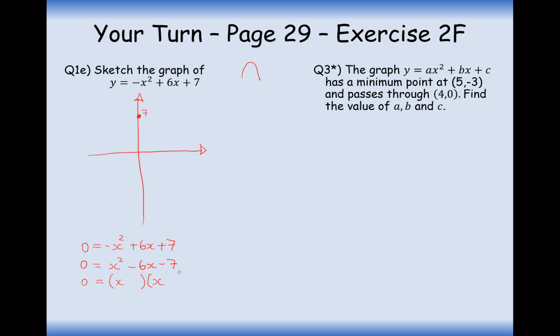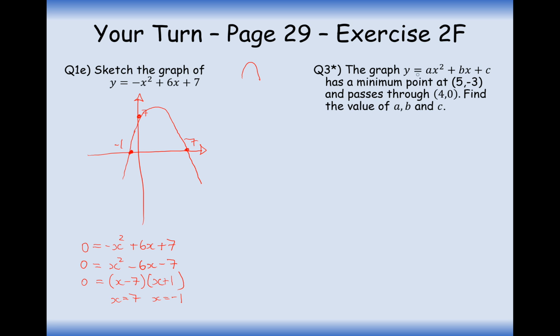I think in this context here, it's going to be -7 and +1. So x equals 7 and x equals -1. So we've got 1 point here at -1 and 1 point over at 7. So our graph is going to roughly look something like that.